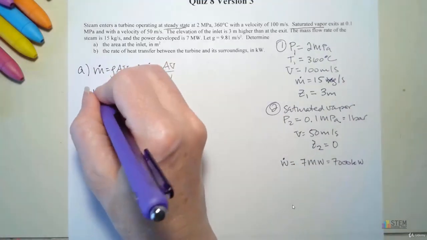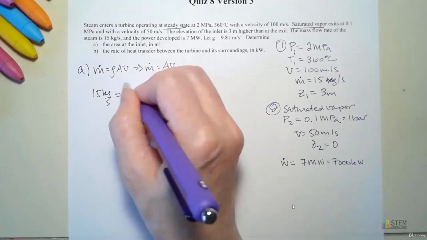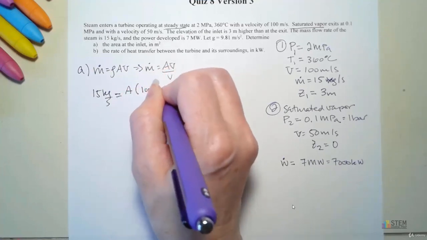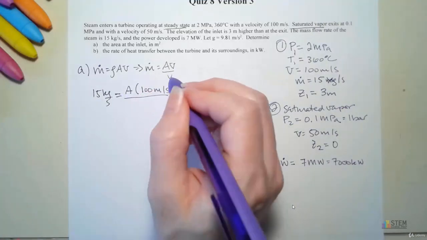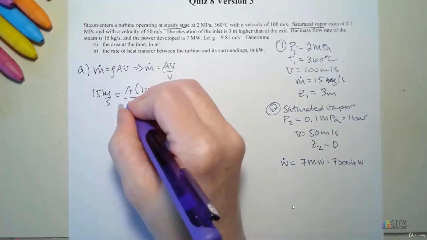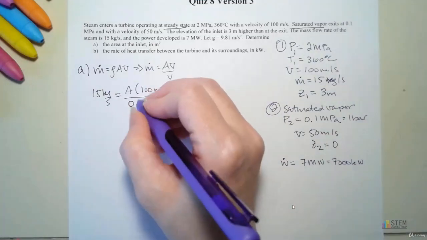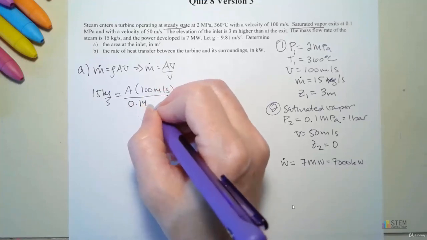So we're going to have 15 kilograms per second. That's going to equal the area times 100 meters per second. And then the specific volume, if you go ahead and look, we have steam here. So steam typically indicates superheated vapor. You always want to double check that though, because sometimes some of the problems indicate steam when it's really saturated vapor.